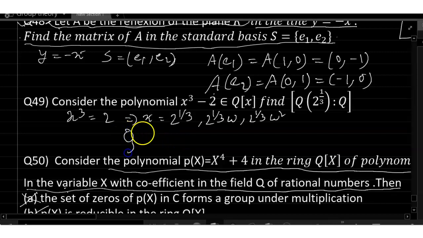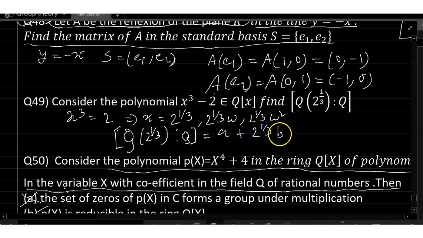So Q of 2 to the power 1/3, such that Q of 2 to the power 1/3 equals a plus 2 to the power 1/3 b plus 2 to the power 2/3 c.